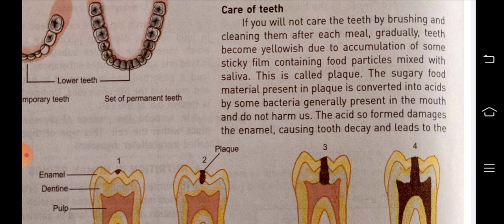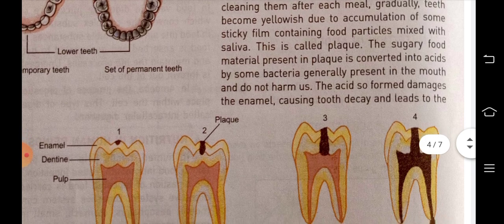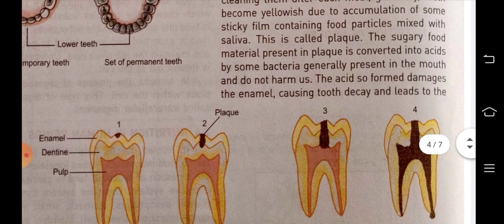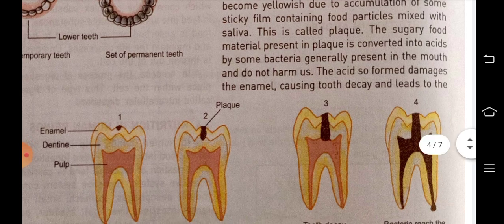Gradually, teeth become yellowish due to accumulation of some sticky film containing food particles mixed with saliva, and this is called plaque. The sugary food material present in plaque is converted into acids by some bacteria, generally present in the mouth. The bacteria which is present in the mouth acts on this plaque.